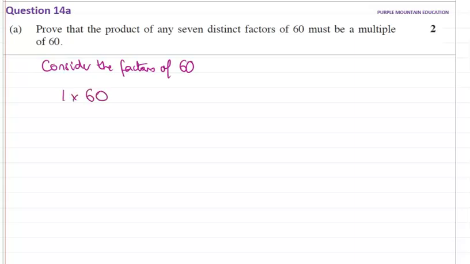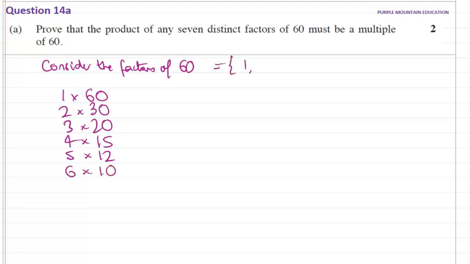There's 1 times 60, 2 times 30, 3 times 20, 4 times 15, 5 times 12, and 6 times 10. So the factors of 60 are 1, 2, 3, 4, 5, 6, 10, 12, 15, 20, 30, 60.